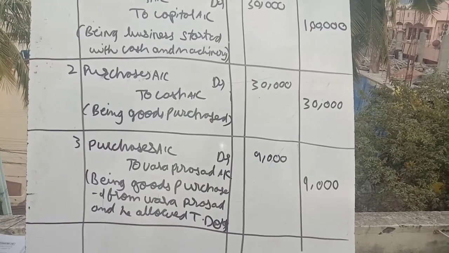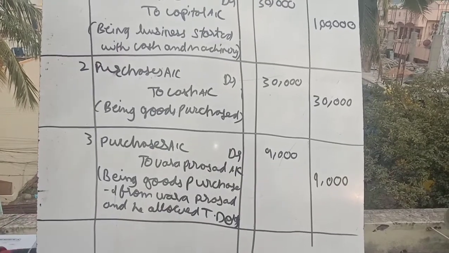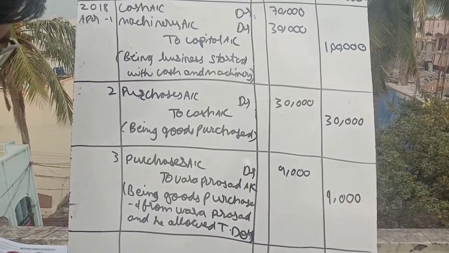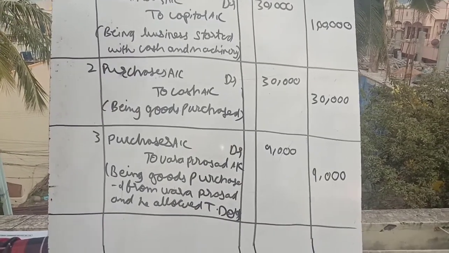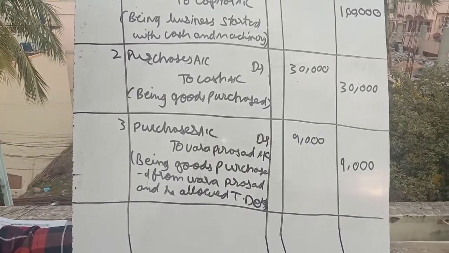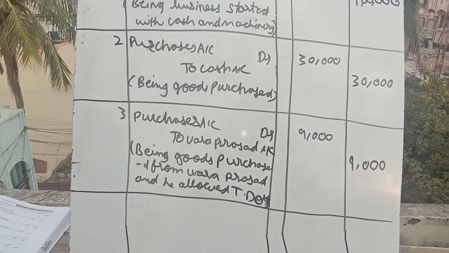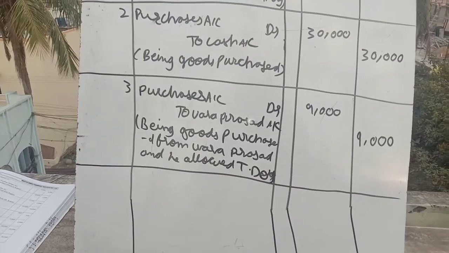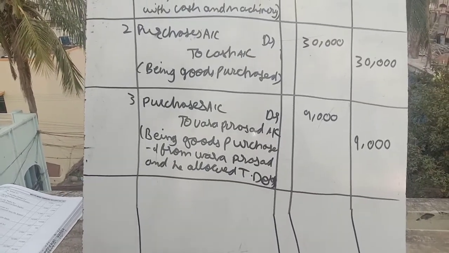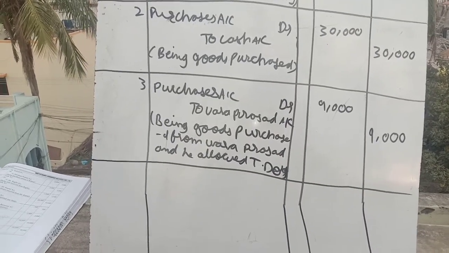In the fourth entry, this is the final entry, as we know. So friends, the fourth entry is given as the goods returned to Bhavani.